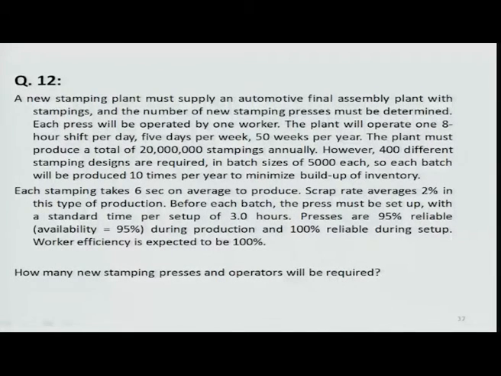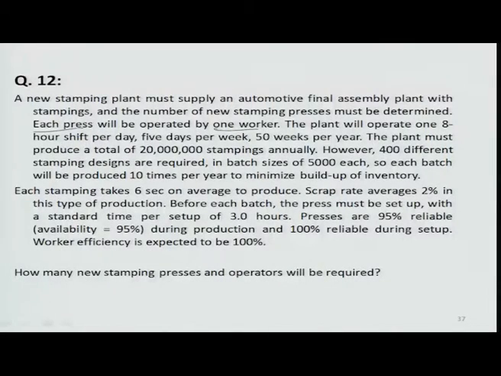This problem says a new stamping plant must supply an automotive final assembly plant with stampings, and the number of new stamping presses must be determined. Each press will be operated by one worker.